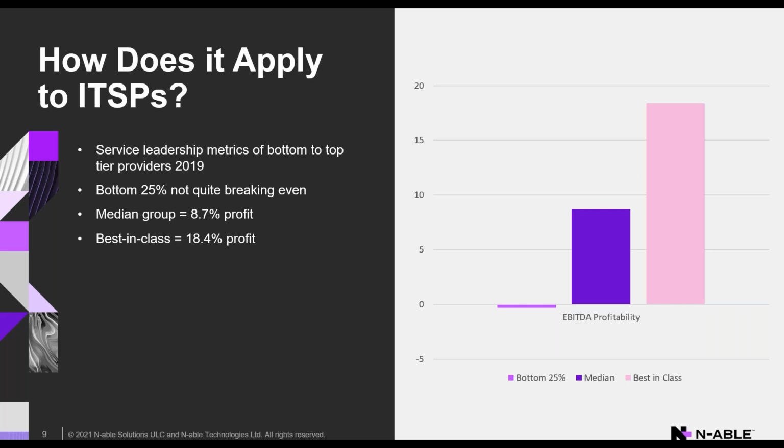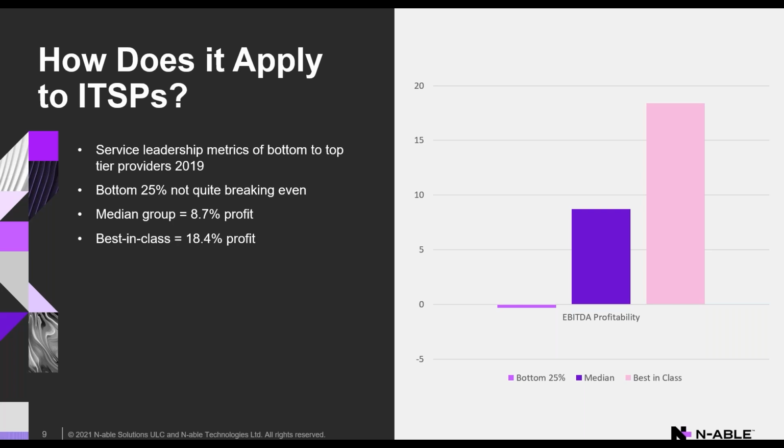So when we look at these three groups of our four quartiles, we look at the bottom quartile EBITDA number at roughly minus 0.3%. Okay, not quite breaking even. We look at our two median quartiles at about 8.7% profit, and we look at our best in class at 18.4% profit and up. Okay, now profit here being a driver, because let's all be honest, we always want our MSPs to be more profitable.